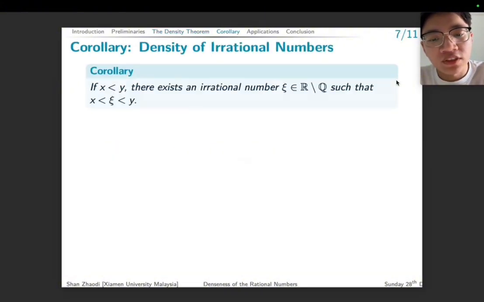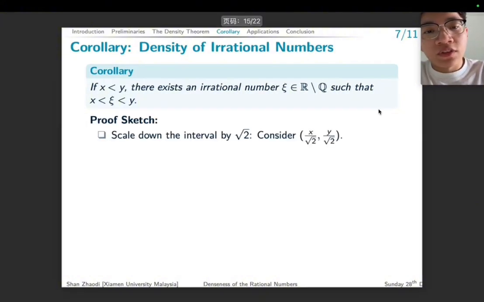So rationals are dense, but a natural question arises: what about the irrational numbers? Here we have the corollary. If x is smaller than y, there also exists an irrational number psi strictly between them. I will briefly sketch the proof. Firstly, we consider a new interval, x over the square root of 2 to y over the square root of 2.